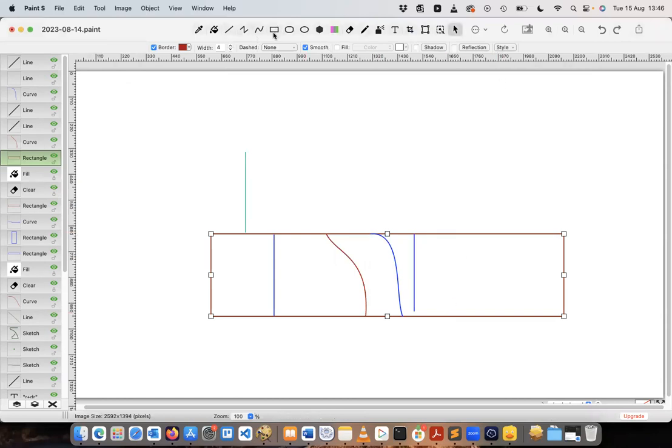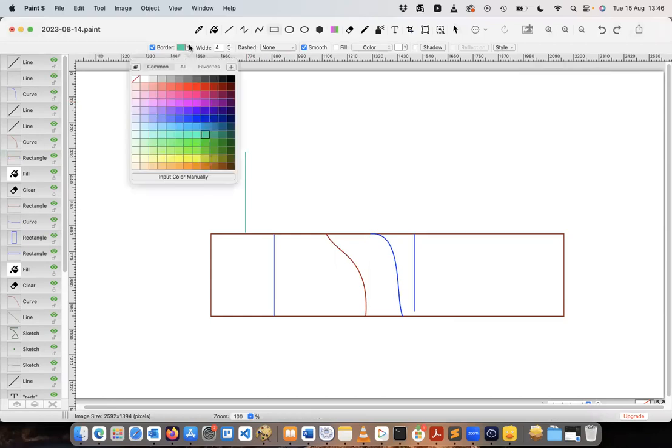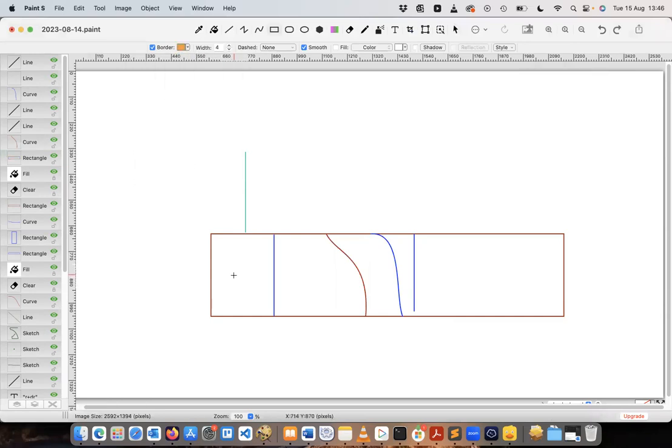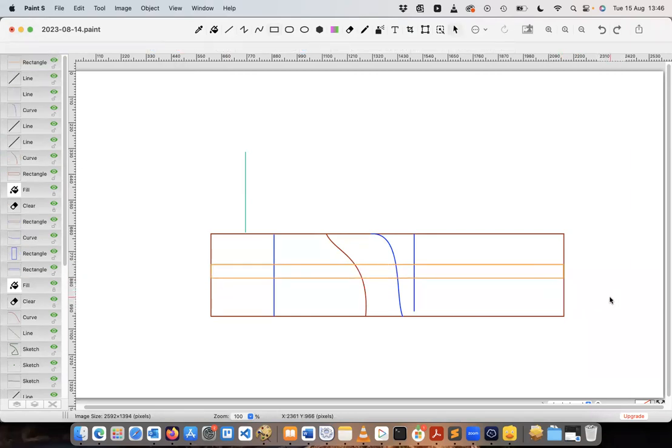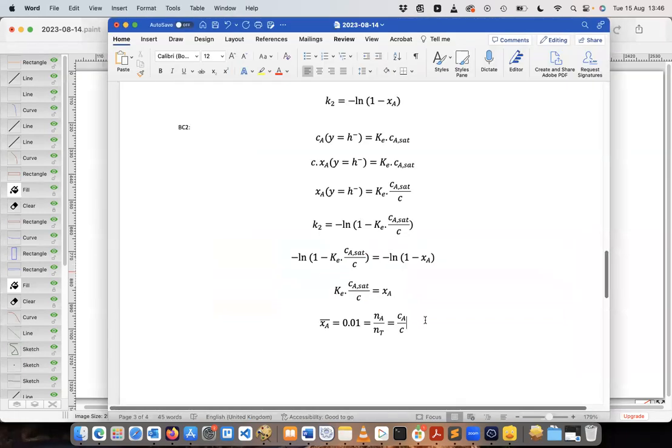So if we take, let's say, a differential slice here, let's pick a different color for this. If we pick a differential slice here, then between position Y and Y plus delta Y, there's a certain number of moles of water in the slab. So we can say here dNa, and this we did see before.